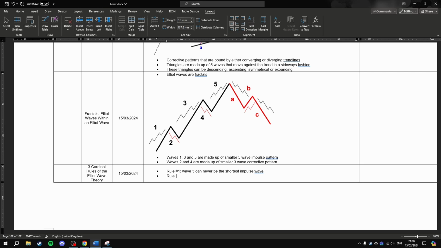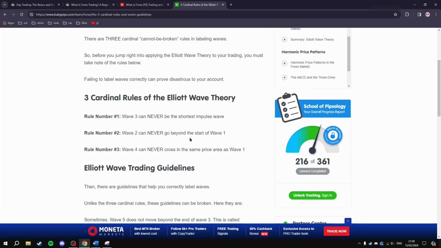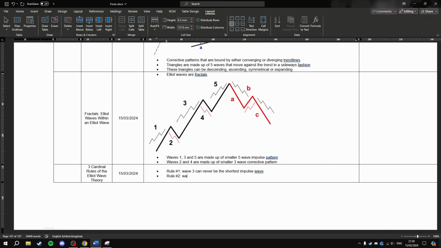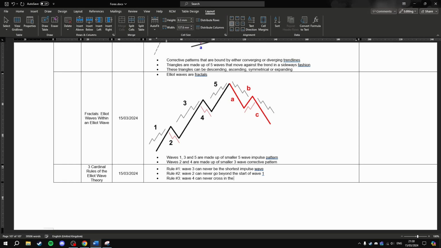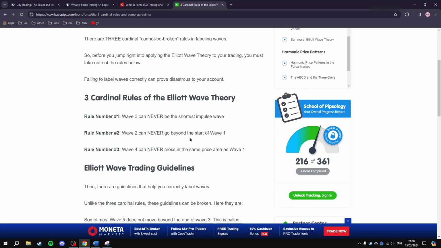Rule number 2, wave 2 can never go beyond the start of wave 1. Rule number 3, wave 4 can never cross in the same price area as wave 1.